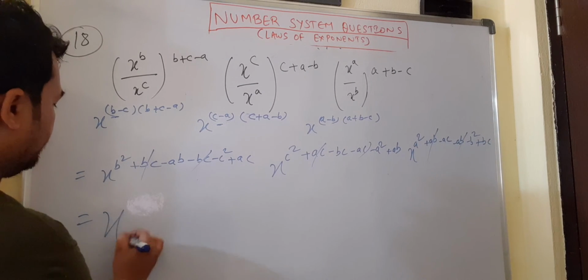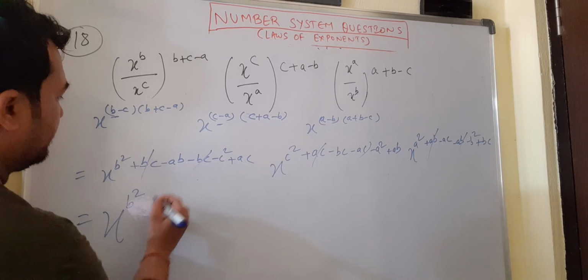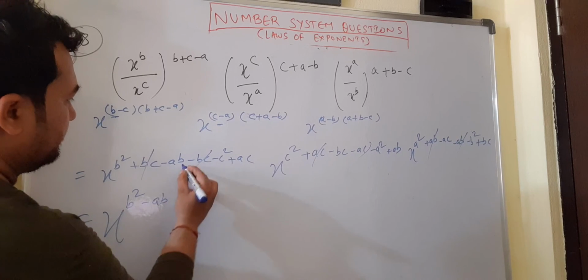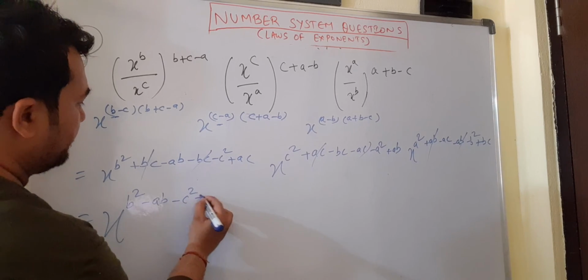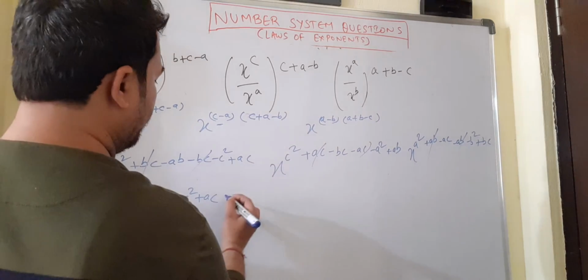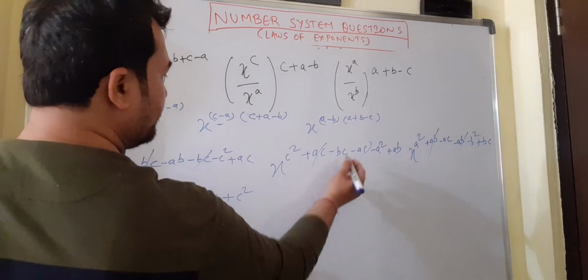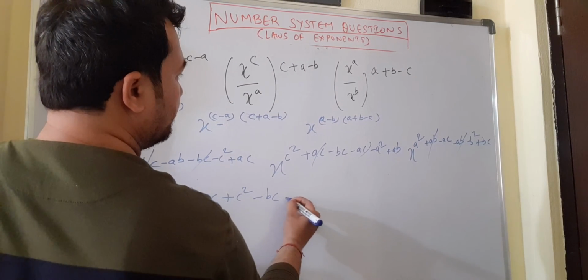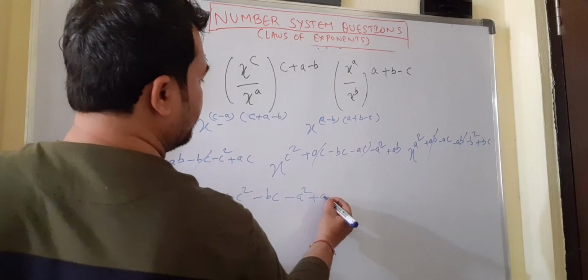Powers we have b square minus ab minus c square plus ac. From here plus c square minus bc minus a square plus ab.